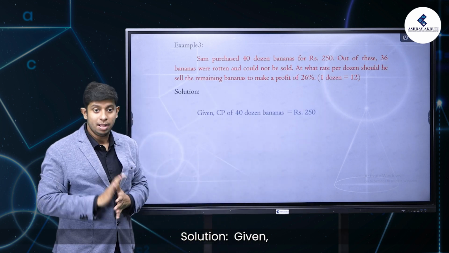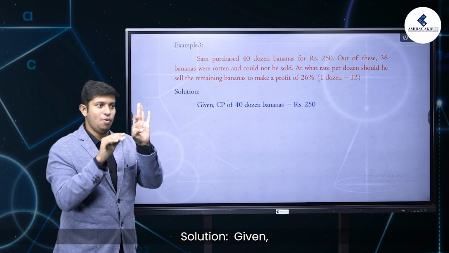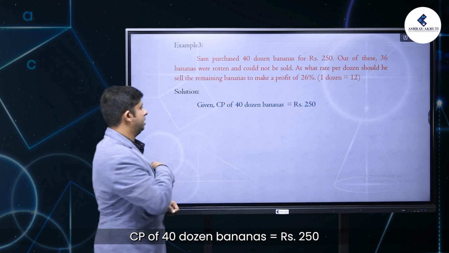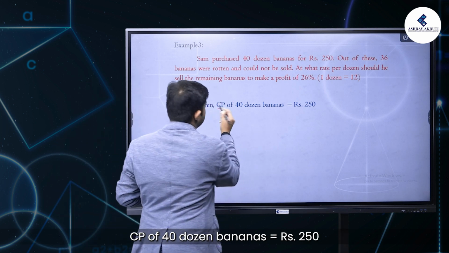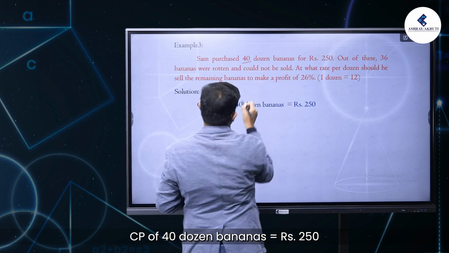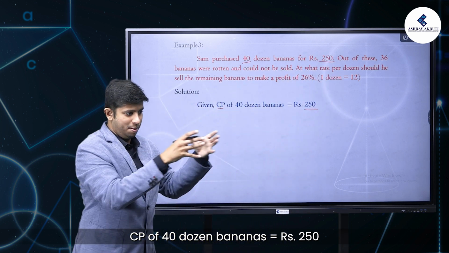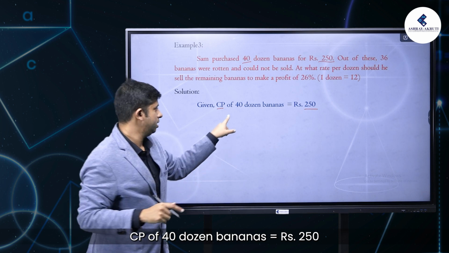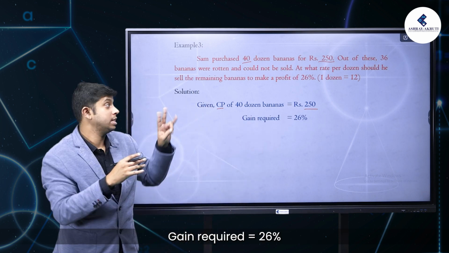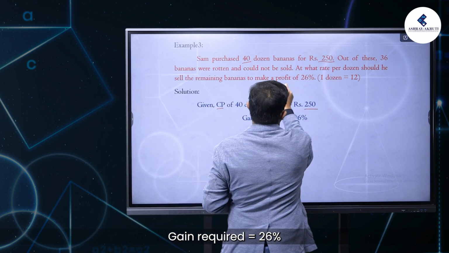Solution. Given. Cost price of 40 dozen bananas is equal to Rs 250. Gain required equals 26%.